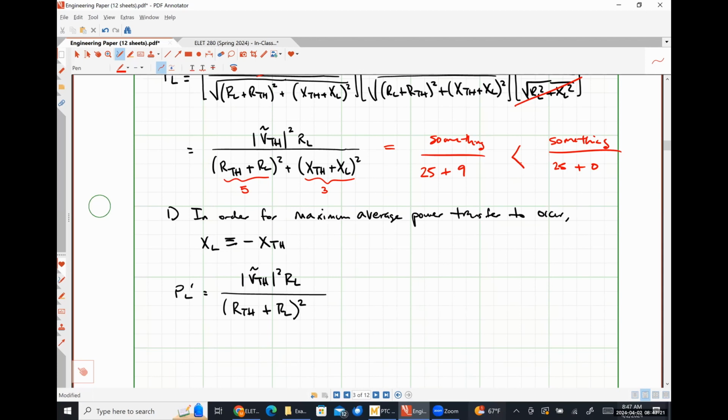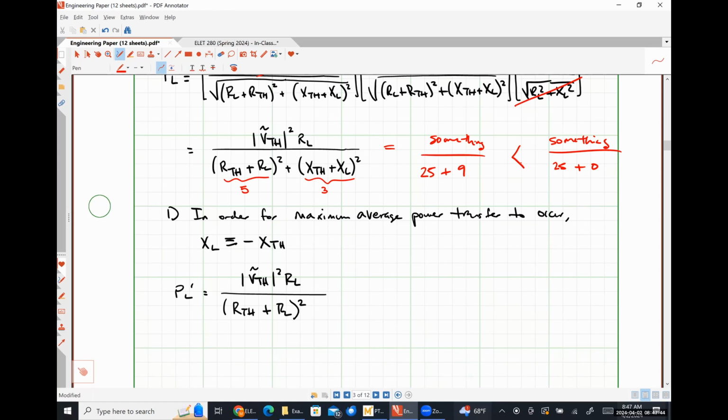Having a power factor of 1 will be a consequence of having maximum average power transfer. But just because our power factor is 1 doesn't mean maximum average power transfer is occurring. Very specifically, we're about to find that there's a constraint on the value of the resistance as well.